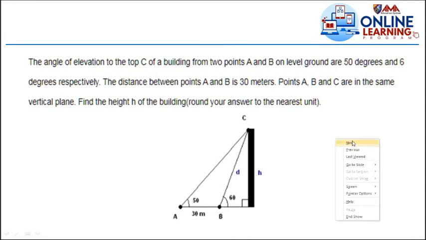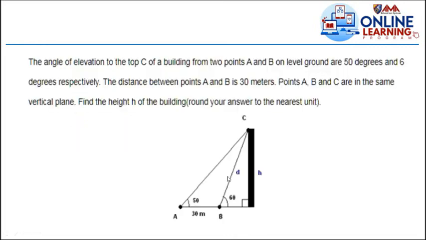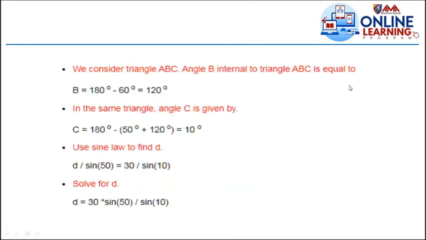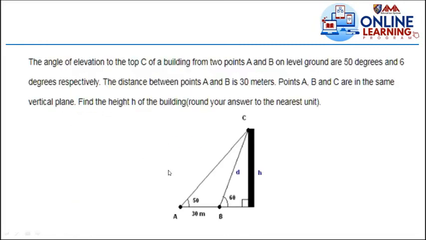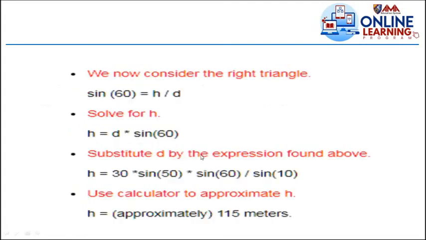So we consider triangle ABC. Angle B, internal to triangle ABC, is equal to 180 minus 60 degrees, which is equal to 120 degrees.